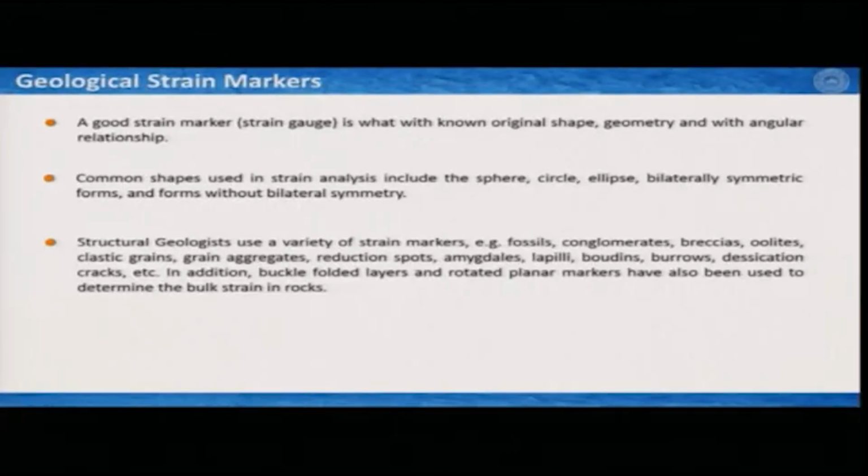And to figure out these shapes like sphere, circle, ellipse, structural geologists generally use as strain markers some geological features, like fossils, conglomerates, breccias, then oolites, again these are kind of fossils, some individual grains if we have to study the strain at a very micro scale, then reduction spots and so on.